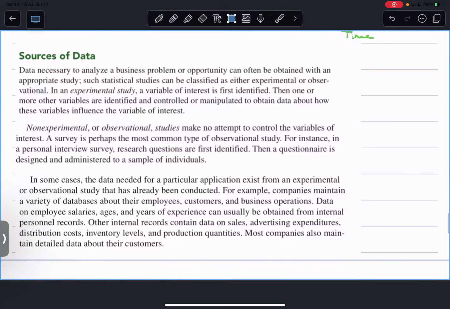In terms of gathering data, we're not going to spend a lot of time there because a lot of data that we need already exists. It's already been collected. And even if you need to go out and collect data, that's its own field of study, data collection and experimental design.